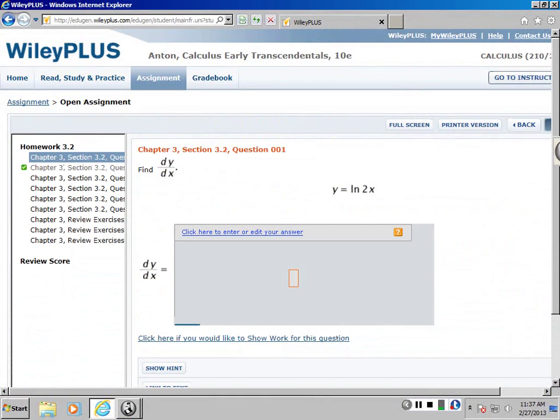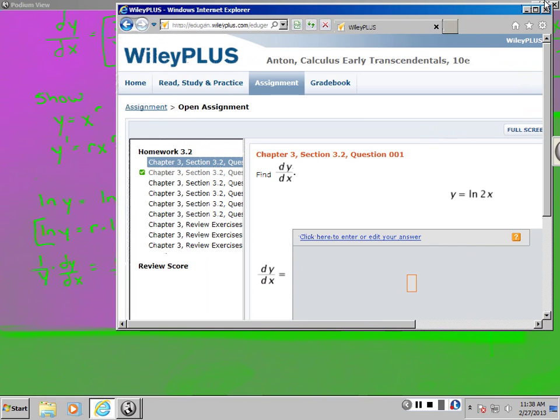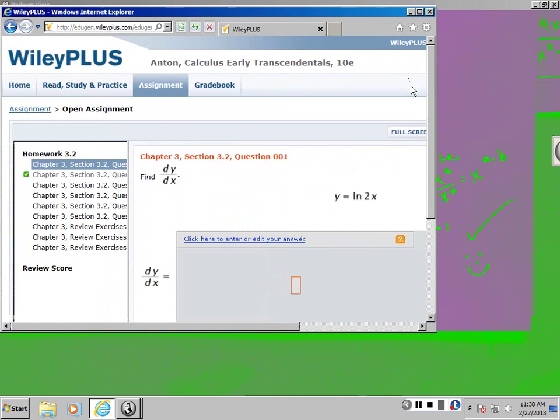So, what is the derivative of ln of 2x? 1 over 2x times the 2. What is 1 over 2x times 2? 1 over x. Ln of 9x would be 1 over 9x times 9, so you get 1 over x. You guys see that? So, let's see if I can simplify this a little bit.